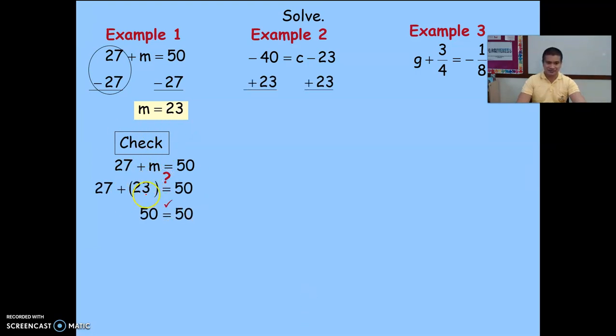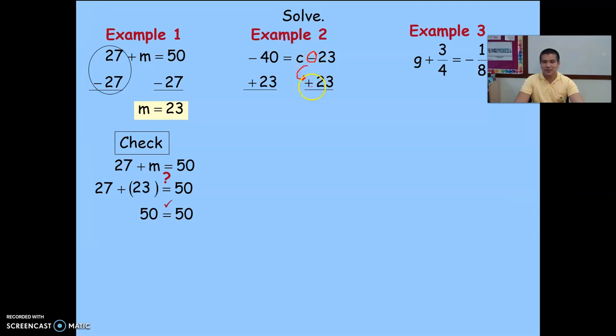the correct answer. The next one, we have negative 40 plus c minus 23. Wherever the variable is, it's the same process. So here, the variable c is on the right side, but this one is negative, so therefore we change this one into positive.